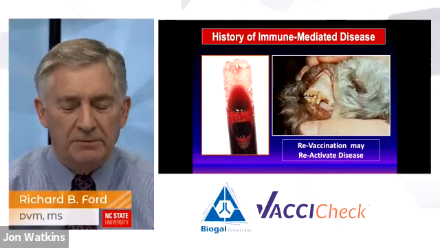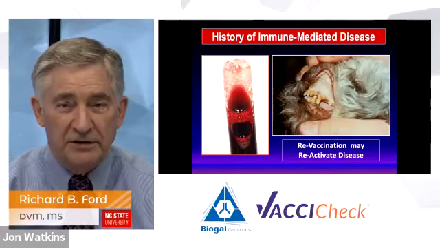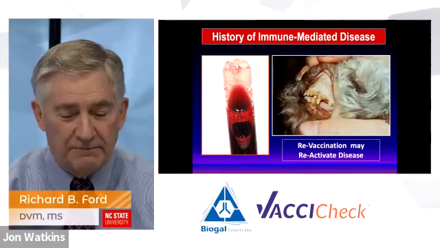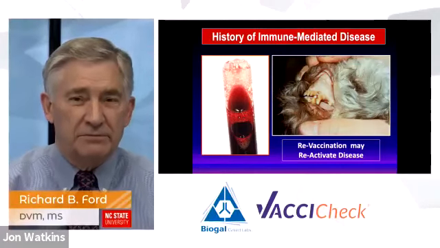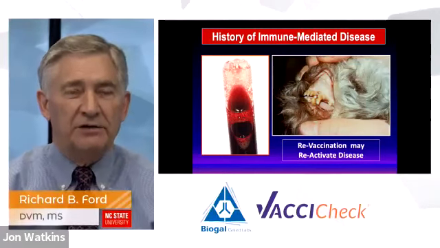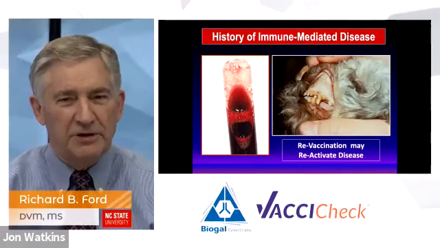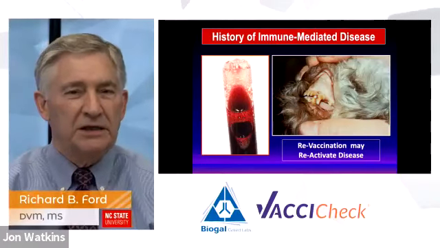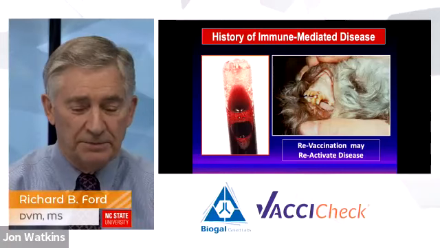And this one is important, although much more complex and difficult to document. We have recommended that a patient that has a history of immune-mediated disease, has been treated, and has recovered not be revaccinated. The reason is there is a concern among immunologists that revaccination, particularly with killed vaccines, may reactivate the immune-mediated, say, hemolytic anemia, immune-mediated thrombocytopenia.